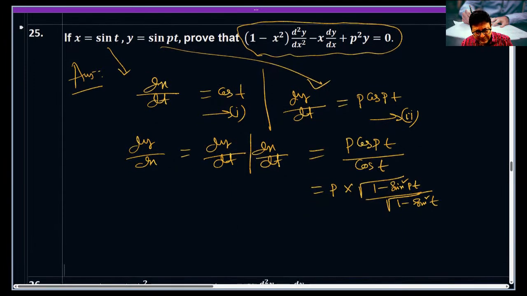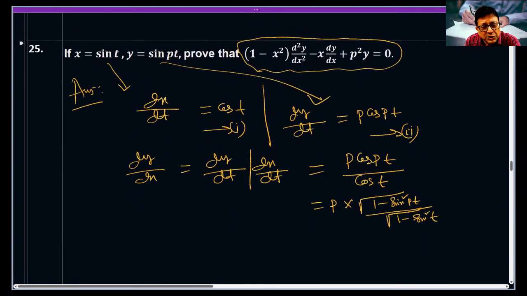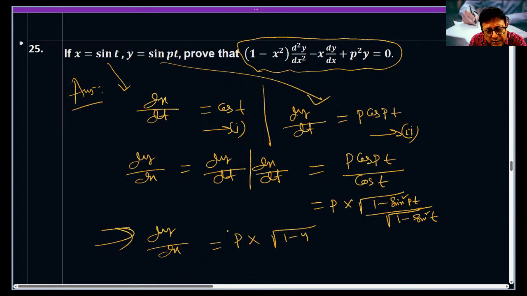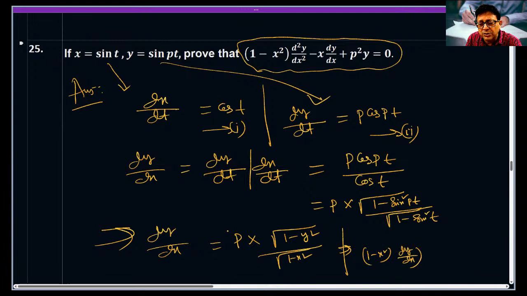Okay, so this implies, isn't it? So this implies 1 minus x square into dy by dx whole square, alright.